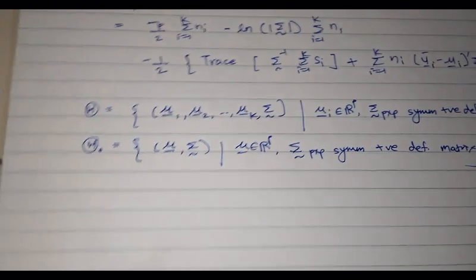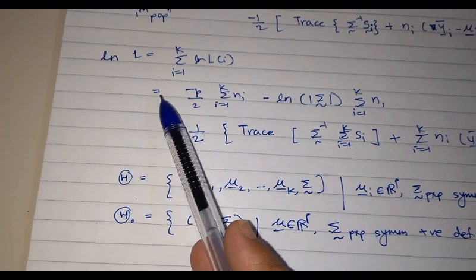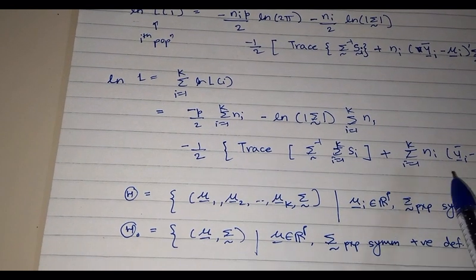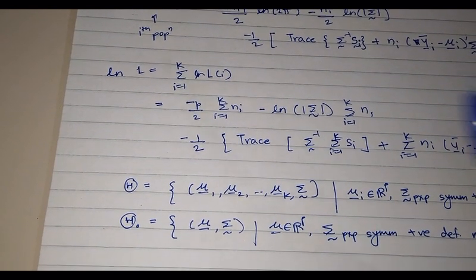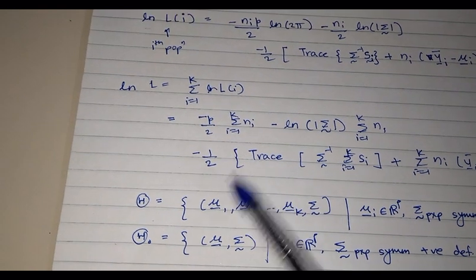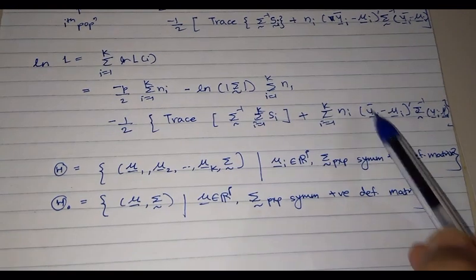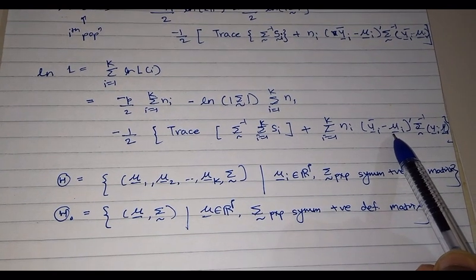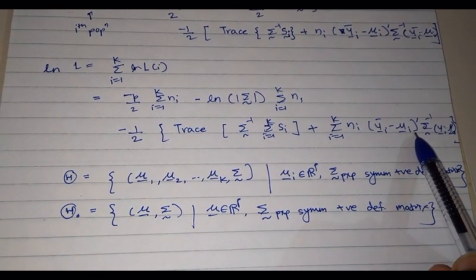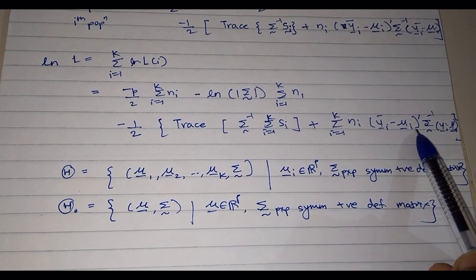Okay. Now, if I maximize this log likelihood, we have to do two things. We have to write down the overall log likelihood as well as the likelihood under H0. In the likelihood under H0, each mu_i will be replaced by the common mu. If you want, you can call it mu naught.